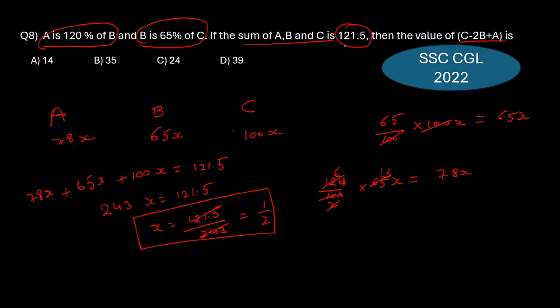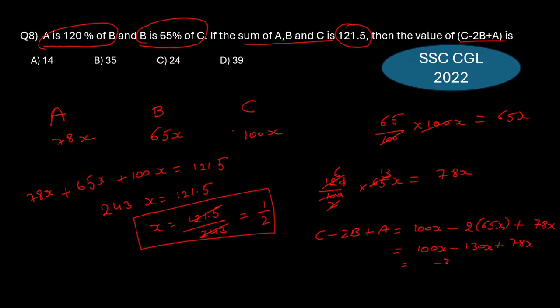What I was asked to find is the value of C minus 2B plus A. The value of C is 100x, minus 2 into the value of B, 65x, plus the value of A, 78x. So 100x minus 65 into 2, 130x, plus 78x.